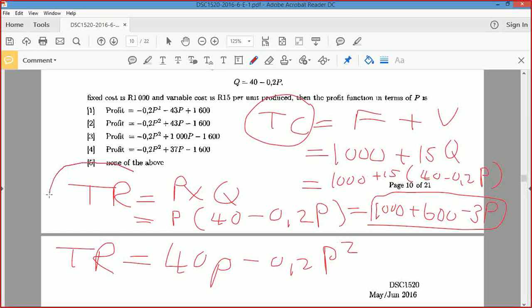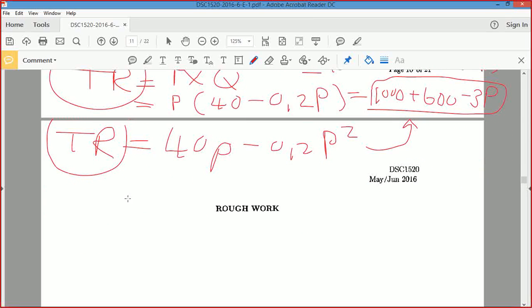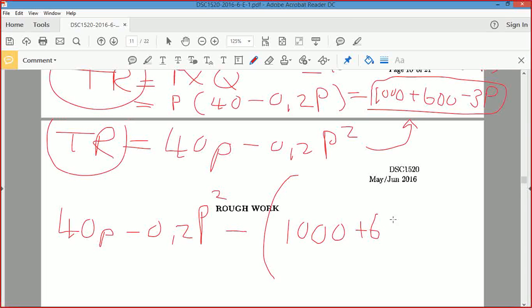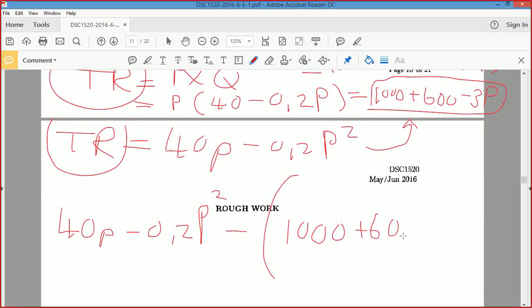Right, so I've got total costs and I've got total revenue. How do I get profits? This equation minus that one. Okay, so 40p minus 0.2p squared minus open brackets 1000 plus 600. So I can actually add those two: 1,600. We'll save space. Minus 3p close brackets.